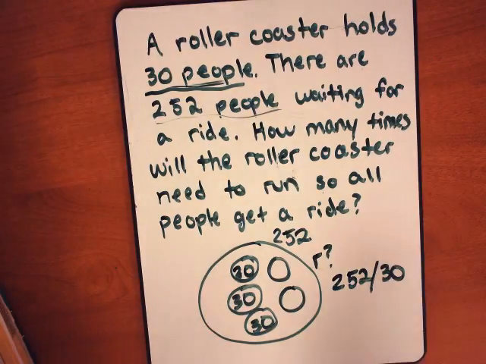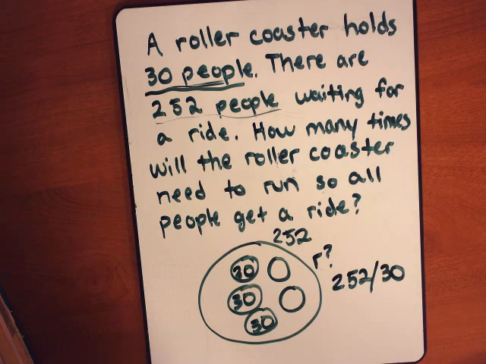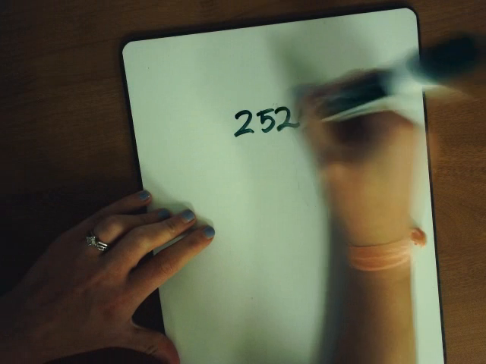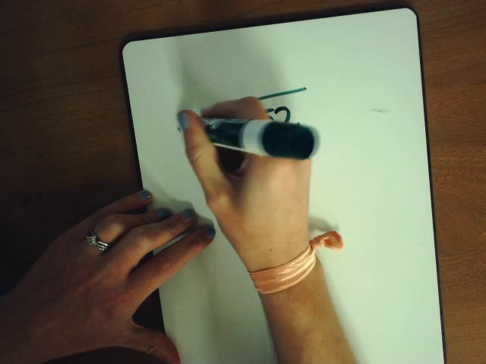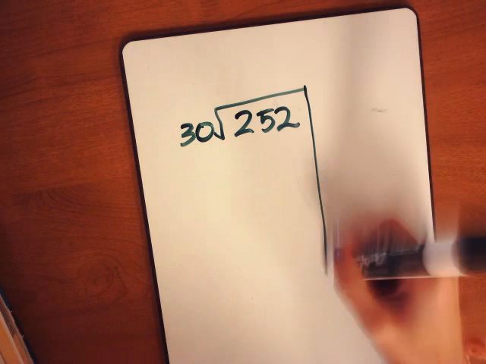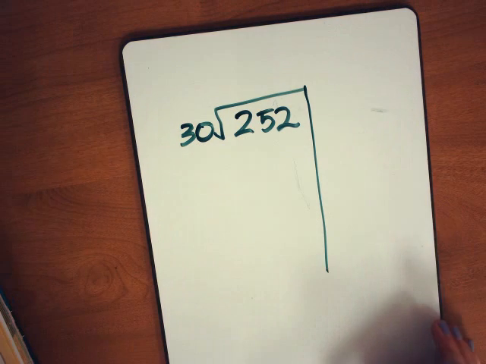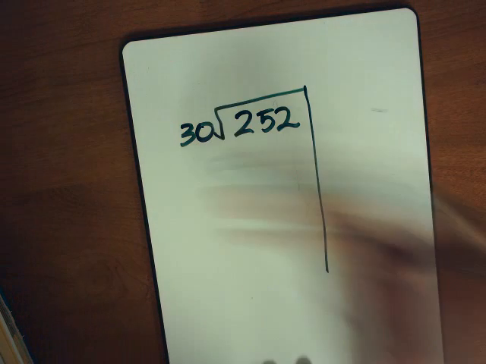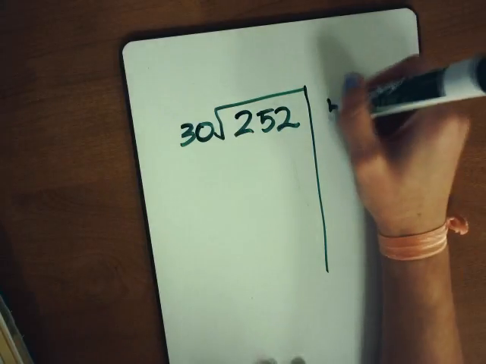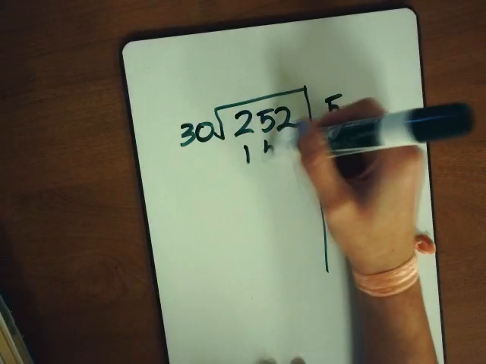Okay, so as I make sense of that problem, I'm going to go ahead and do a division algorithm. So I've got 252 divided by 30 that will fit in each ride to get my total number of rides. Well, I know 3 times 5 is 15, so 30 times 5 will get me 150.